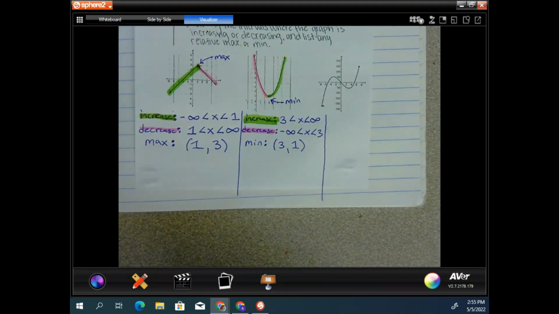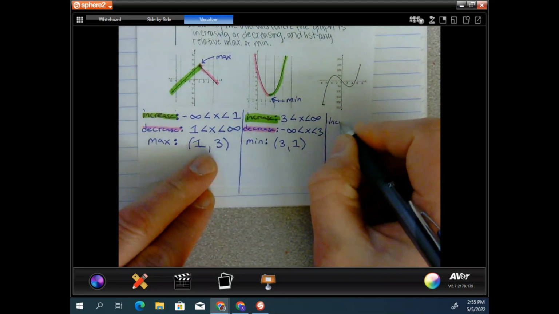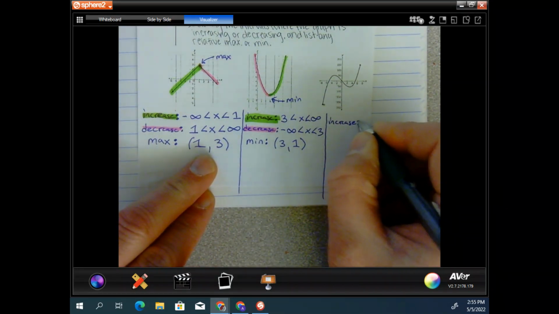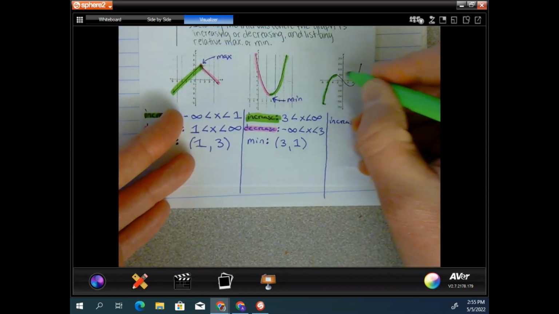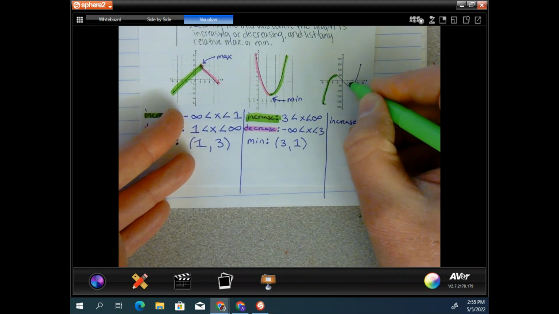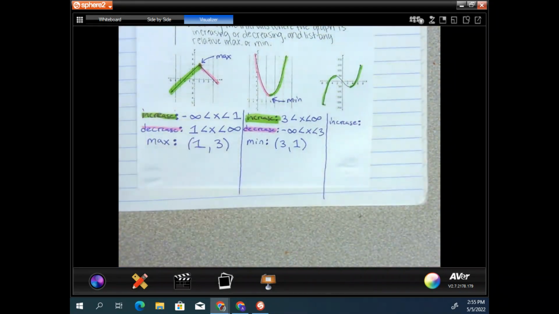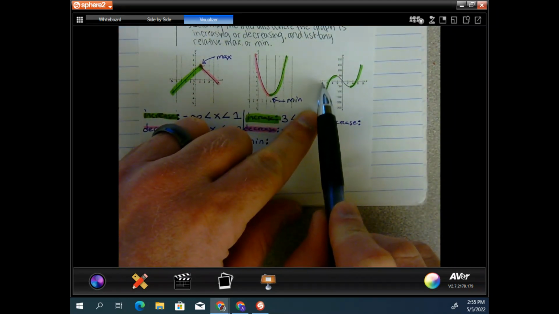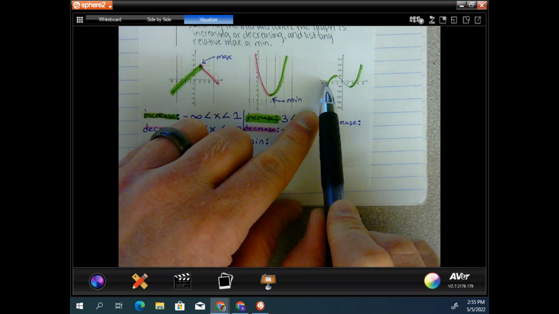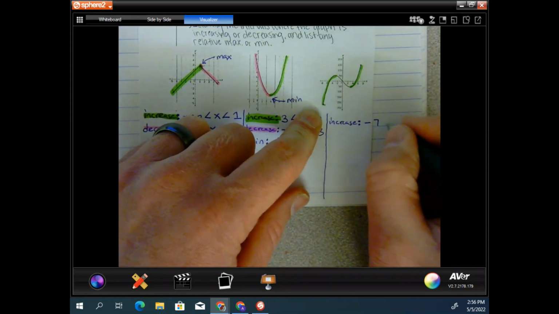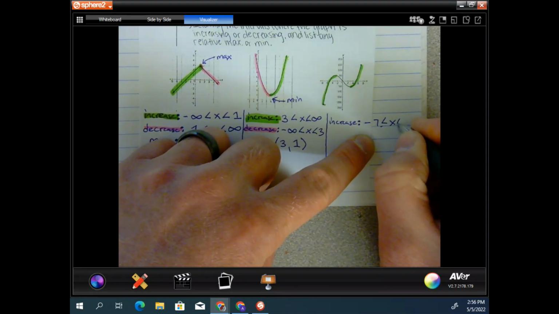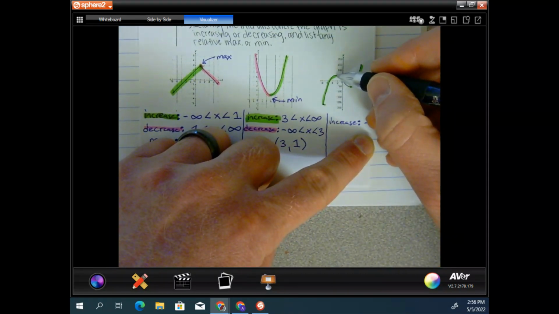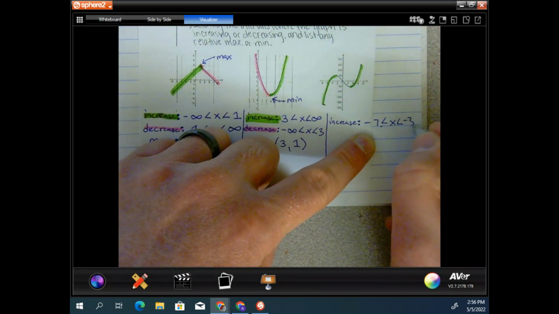Our last problem, we see that it is increasing, and then it starts decreasing, and then it increases again. So we have 2 parts in our graph where it's increasing. Looking at my walls, it starts at -7, and it stops increasing at -3.